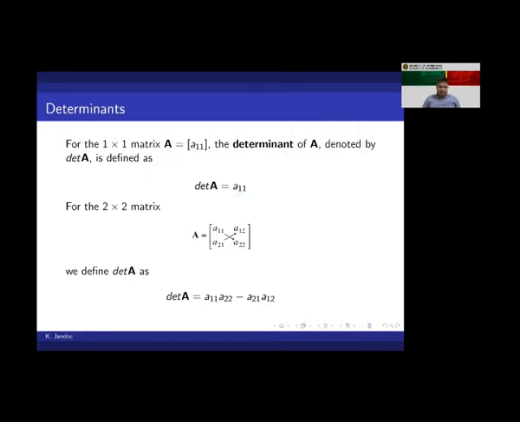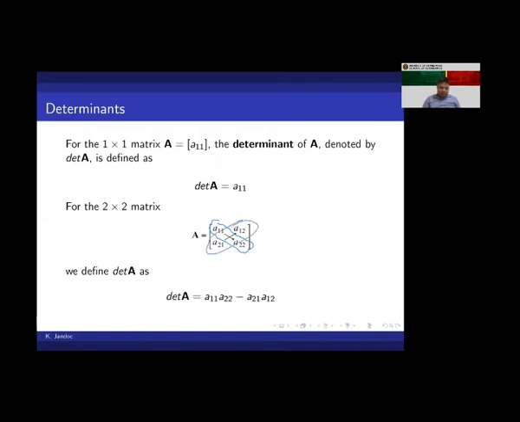So that's for a 1 by 1 matrix. If your matrix is 2 by 2, like in the case of A here, so A has 2 rows and 2 columns. To get the determinant, we will just do the following. First we multiply this diagonal, A11 and A22, and then we subtract from that the product of the off diagonal, A21 and A12.